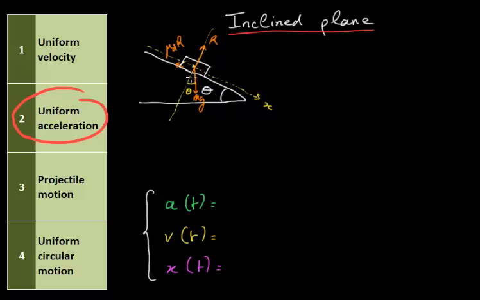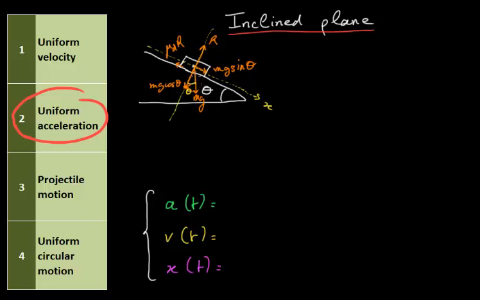So for this weight, you need to find its vertical and horizontal components, and then you'll see that it will be much easier to solve. The horizontal component, I'm projecting towards the angle, so I obtain mg cosine theta. And this component of the force is therefore mg sine theta.